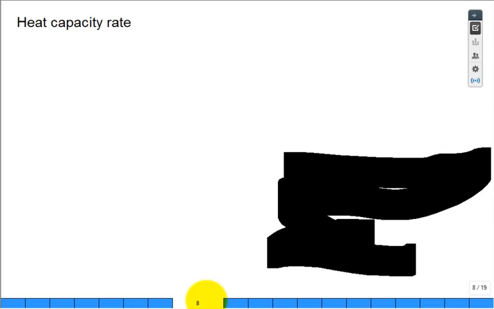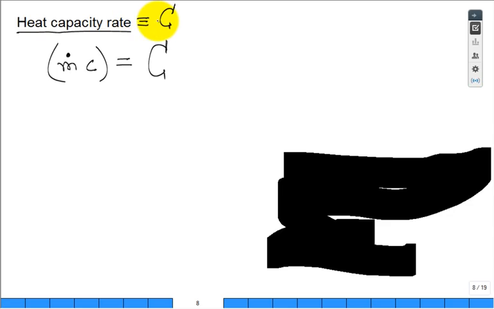But before we get to that, in heat exchanger analysis, we often find the product of the mass flow rate and the specific heat of the fluid, both for the hot fluid and the cold fluid. Well, guess what they're going to do? They get tired of writing it, so they write cap C. This is somewhat confusing, but cap C is defined as the heat capacity rate in this textbook.